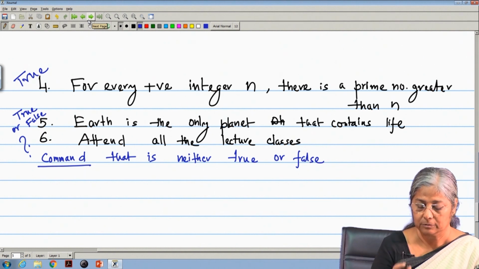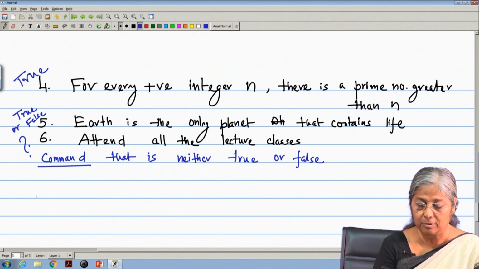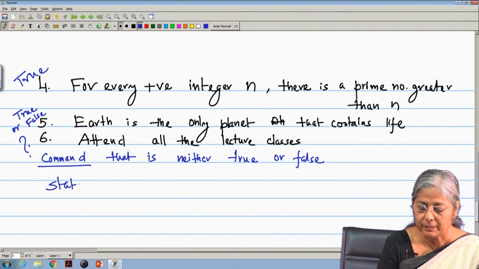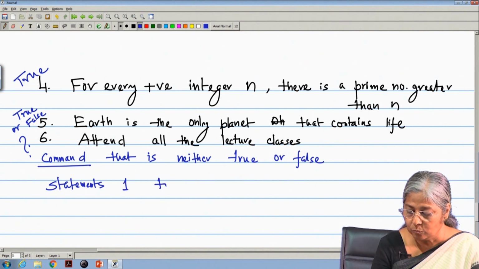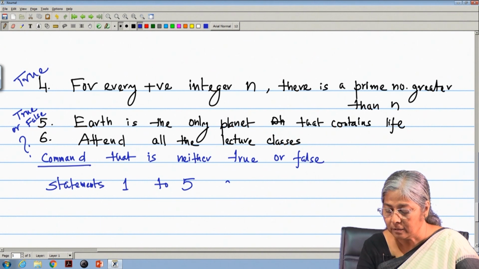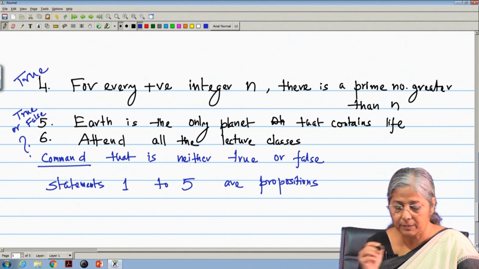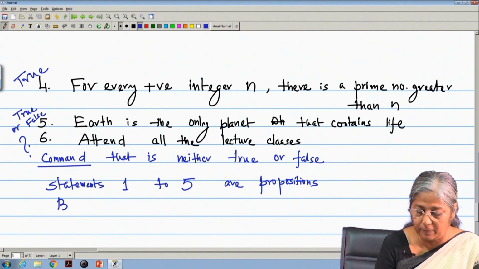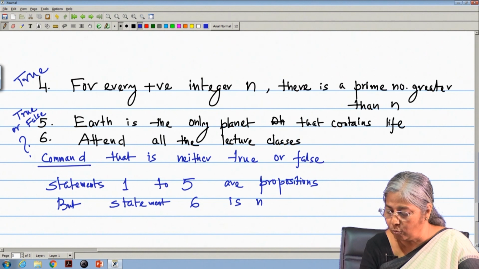So I can now conclude from these examples that statements 1 to 5 are propositions, but statement 6 is not a proposition.